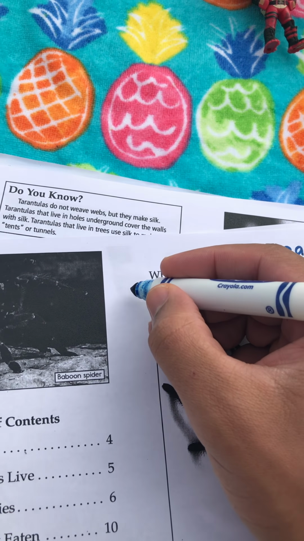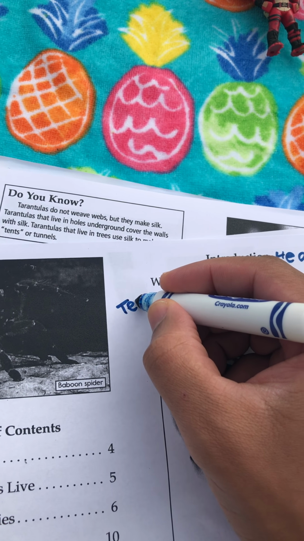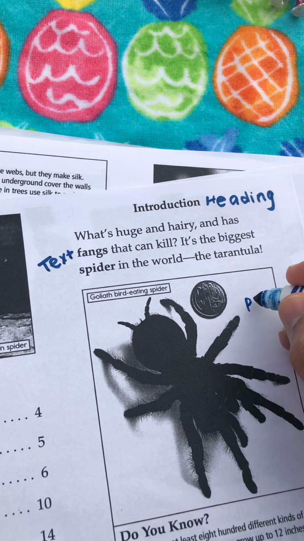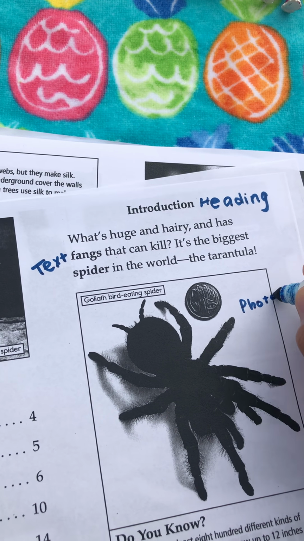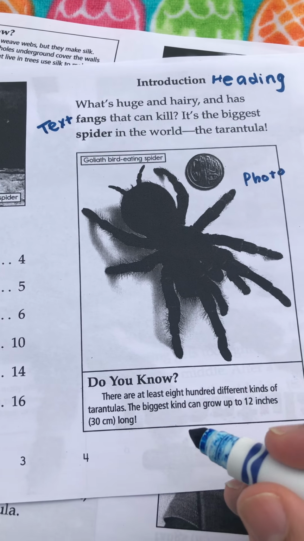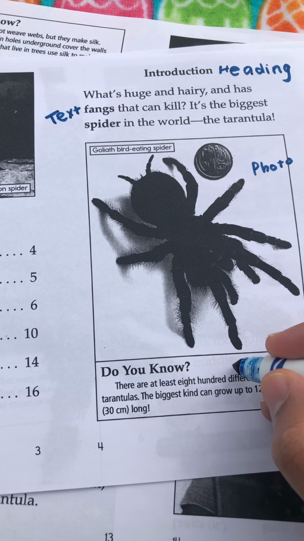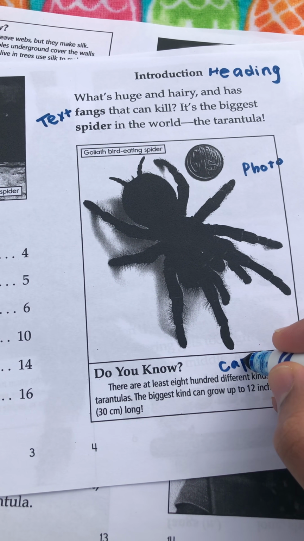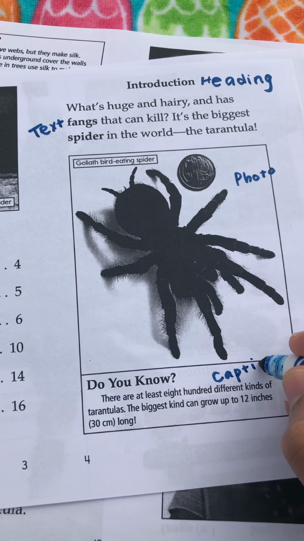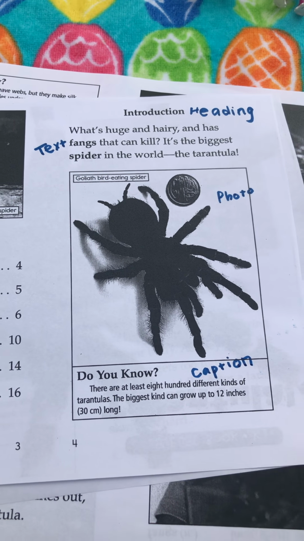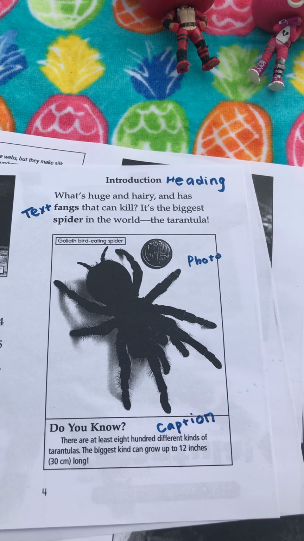I see text. I see a photo. And I see a caption down here. So that's me scanning the page. I see all the different parts of the page that I'm going to need to read.